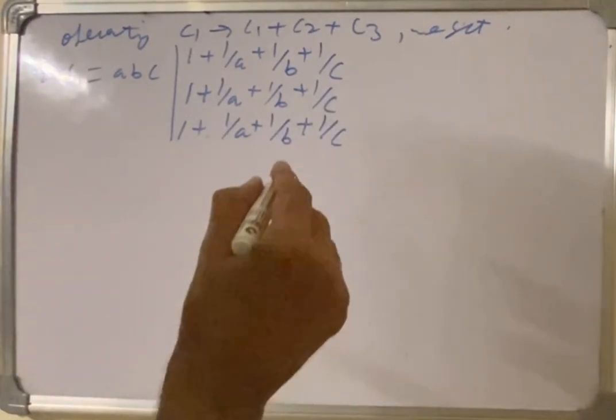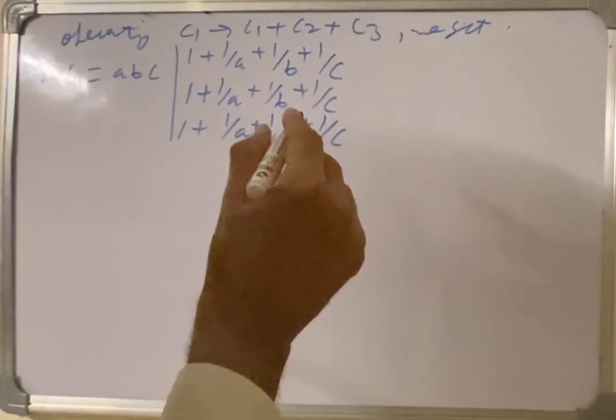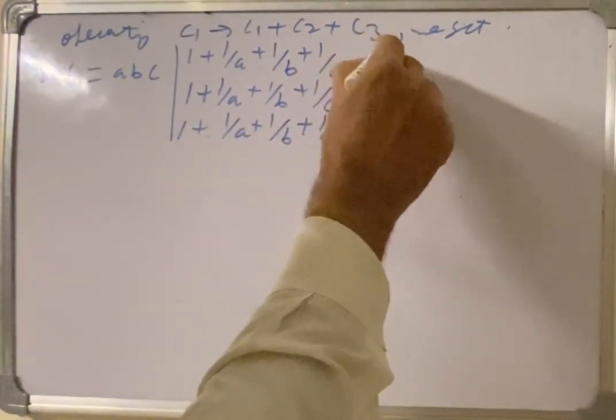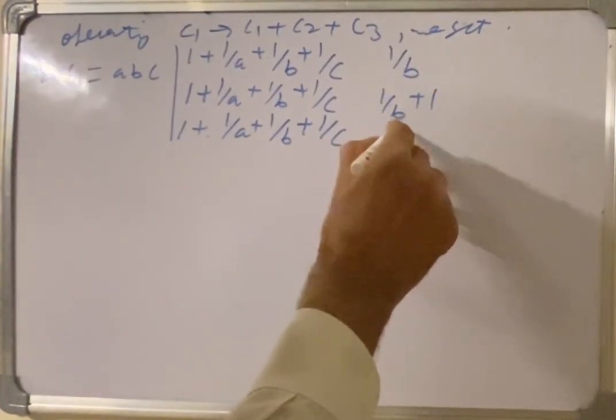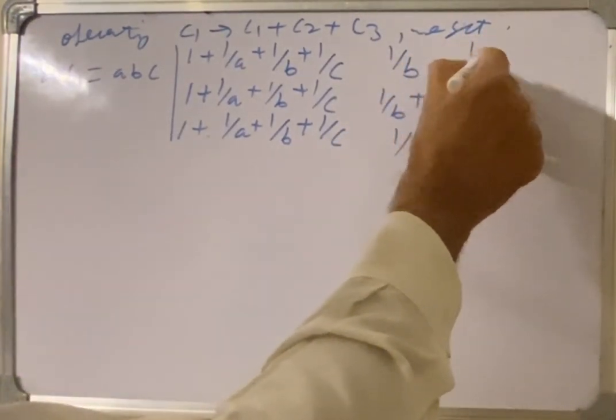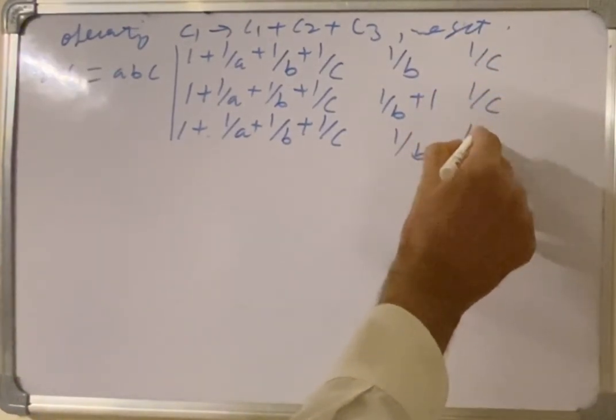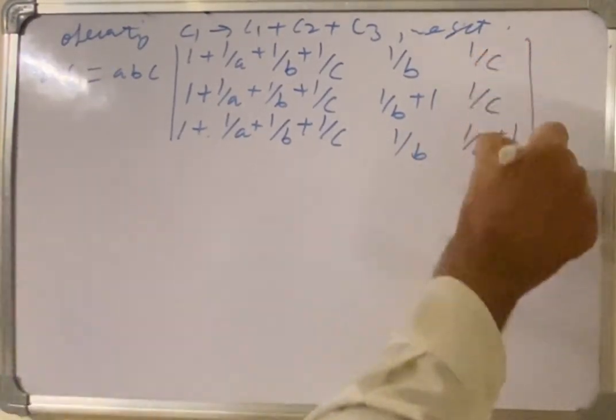Then second column 1 over B, 1 over B plus 1, 1 over B. Then 1 over C, 1 over C, 1 over C plus 1.